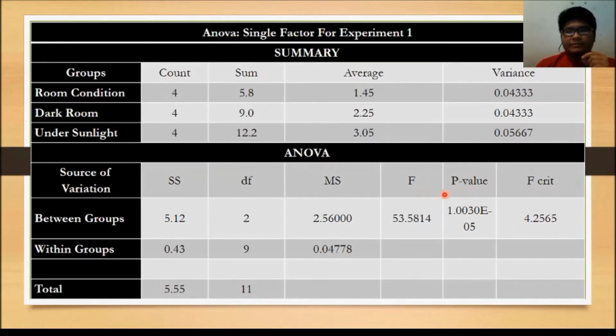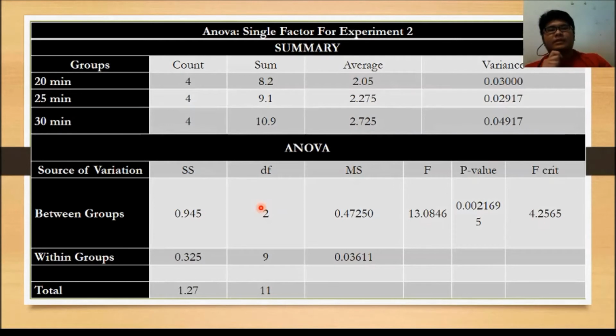The p-value here we generate using the computer, where we got the p-value is 1.003 to the power of -5. The way we read the bell-shaped curve with alpha equal to 0.05, shaded at the right side, shows that if the p-value is inside the 0.05, the null hypothesis is rejected.